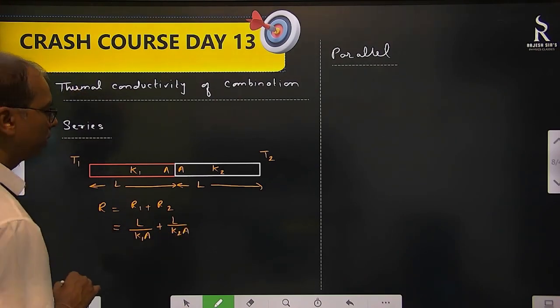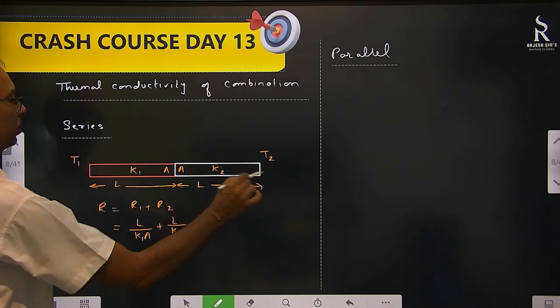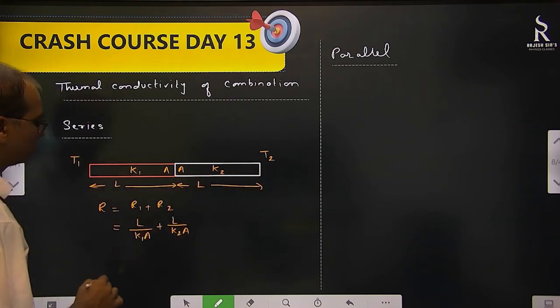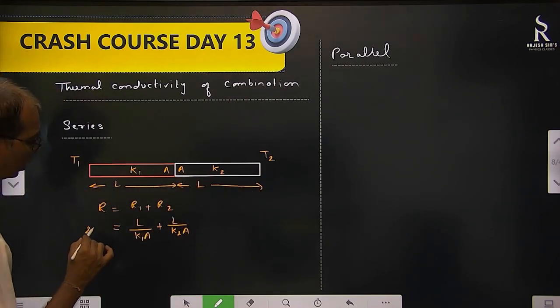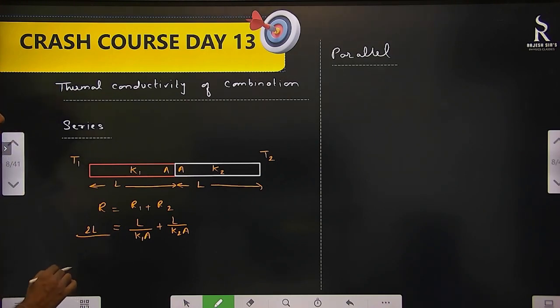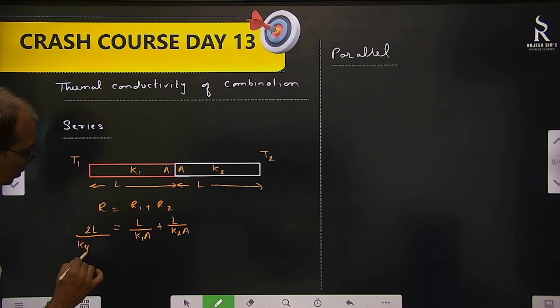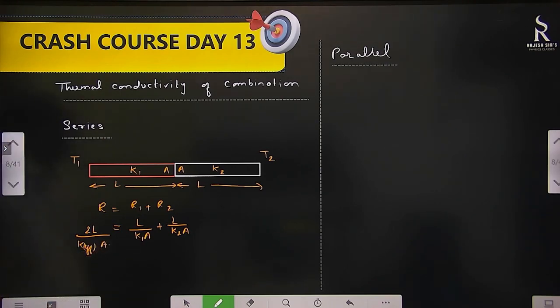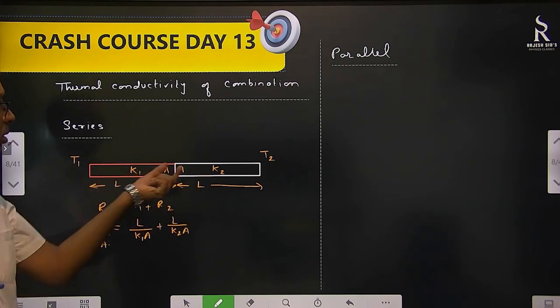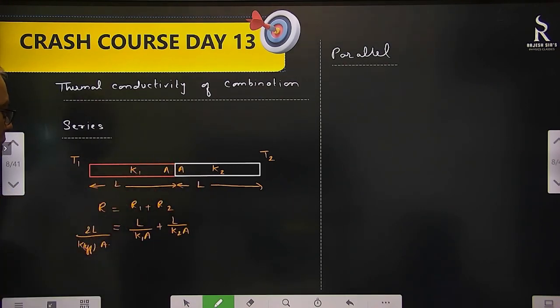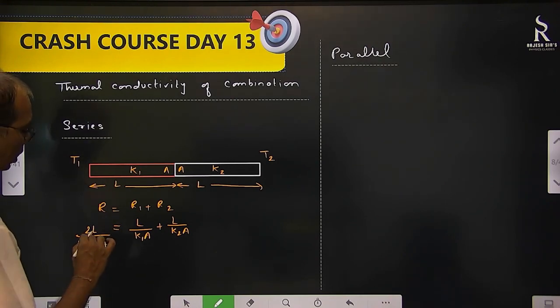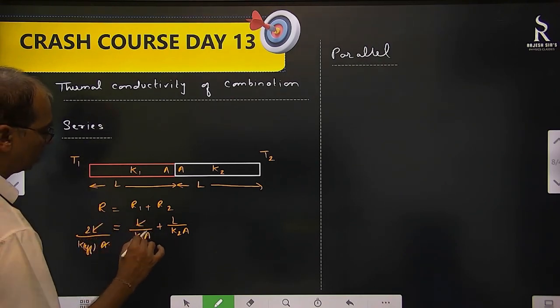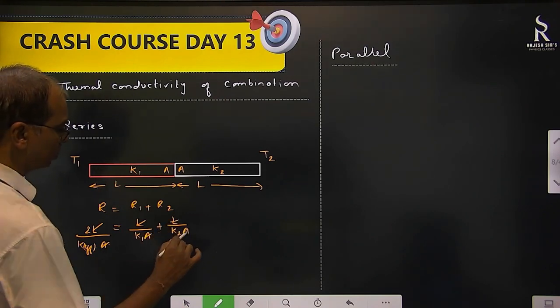And the net resistance, what will we write? If we are talking about net resistance, this will become the total length, 2L, by K effective, since we are finding the thermal conductivity of the combination, by area. Now what can you cancel? L and A you can cancel here, here, and here.